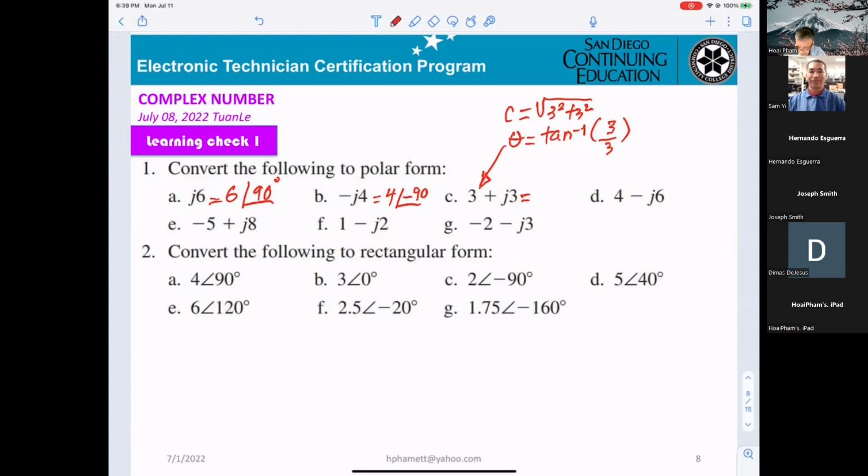So that will be 4.2, or 4.24, the same thing.